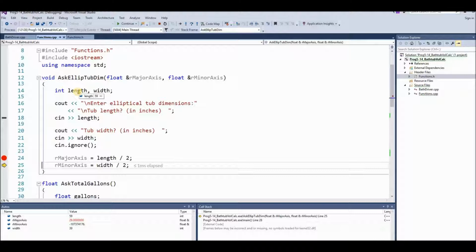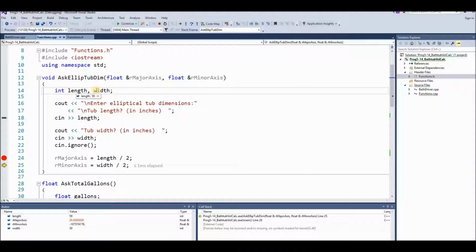Oh, here's the problem. The length is an integer, and 2 is an integer. We are using integer arithmetic, which means we are throwing away the decimal places, and it's making our answer a little bit wrong. So we have a couple of choices on how to fix that, because the same problem is going to happen with the minor axis.